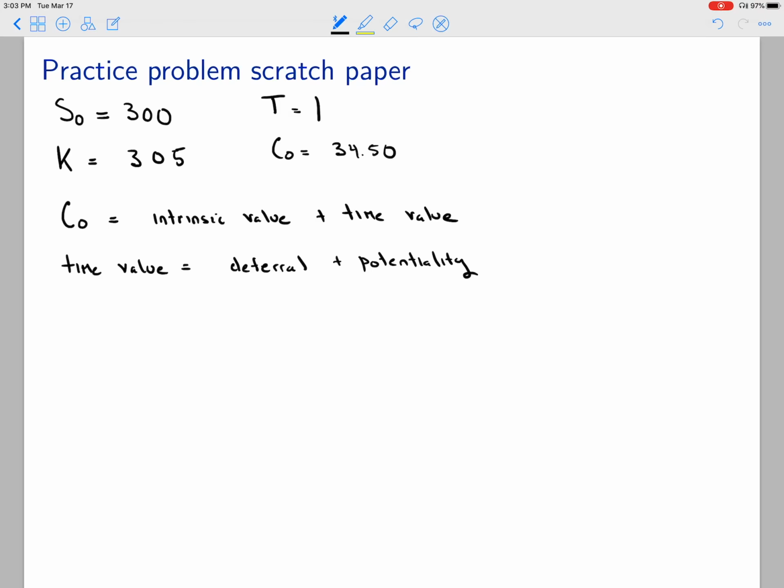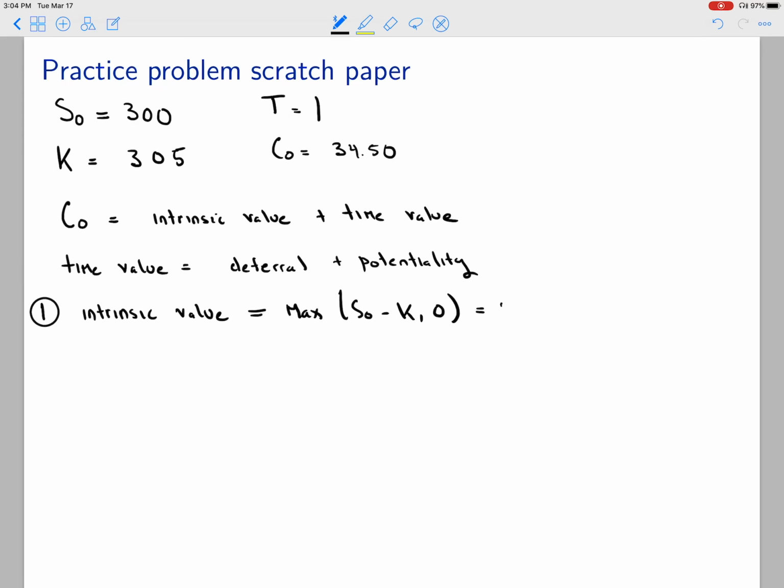Start with part 1, which is to calculate the intrinsic value. Intrinsic value equals the tangible value of the call option. It's just the payoff of the call option if it expired today, or alternatively, if there is no change in the stock price between date 0 and date T. It's the maximum of S0 minus K and 0.